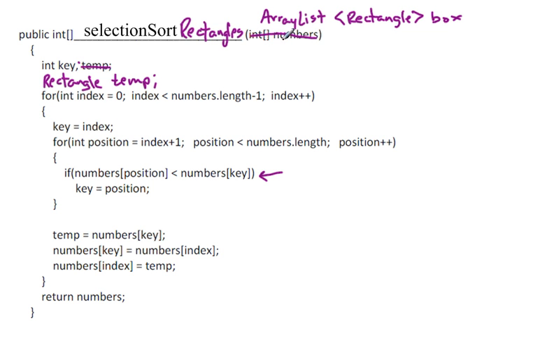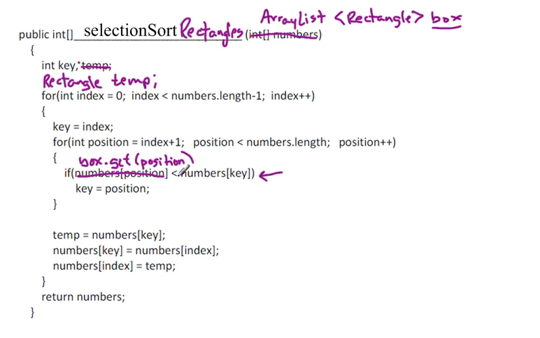Our array is no longer called numbers, it's called box. All right, so first we want to do box, and we can't use square brackets because it's an ArrayList. So to get what's in there, we use the get method. So box.get(position). That replaces this portion.